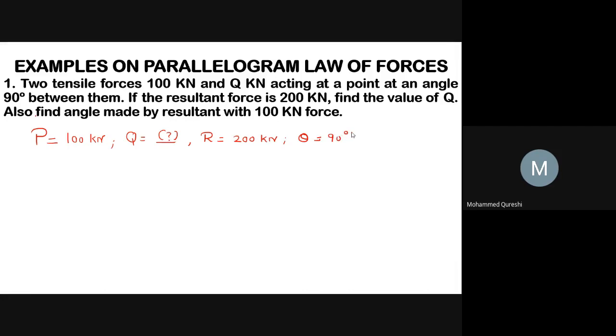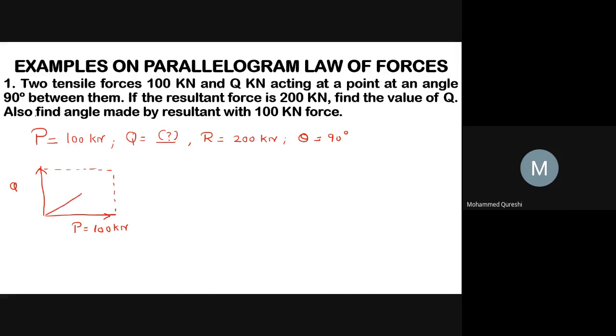So first of all, we will plot the figure for the above example. As the angle between both forces is 90 degree, here P equals 100 kilonewton, Q is unknown, therefore we will simply write Q, and then we will enclose all the sides to make the parallelogram.